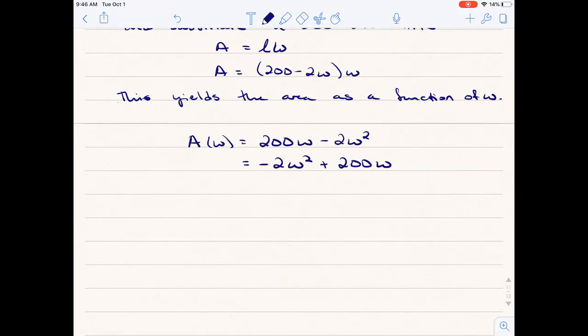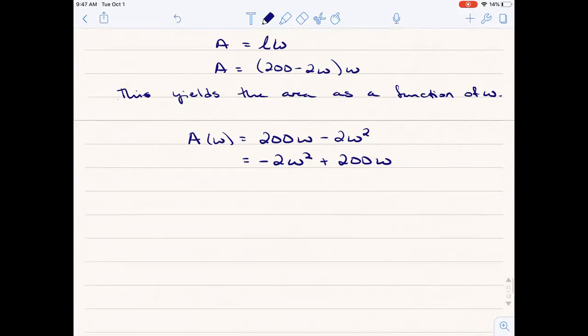A here is negative, so we know we've got a downward facing parabola.